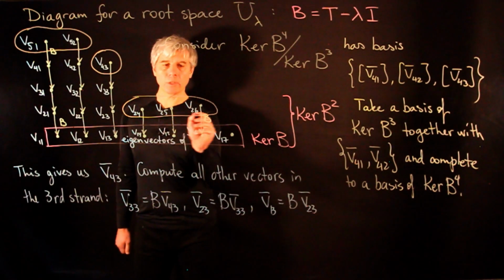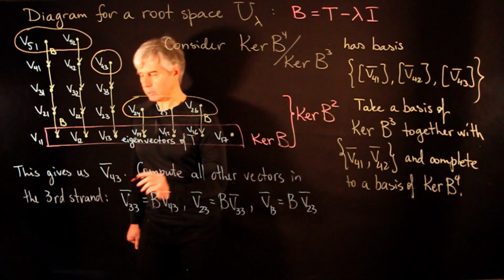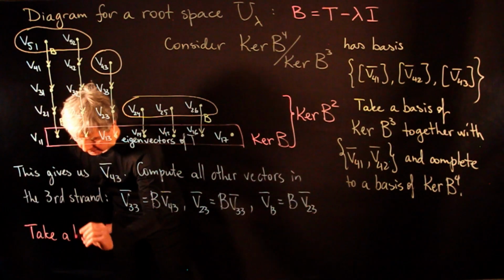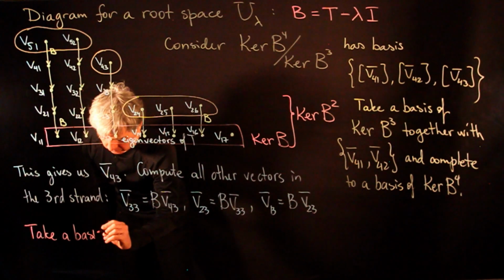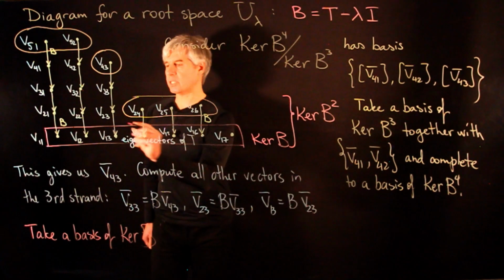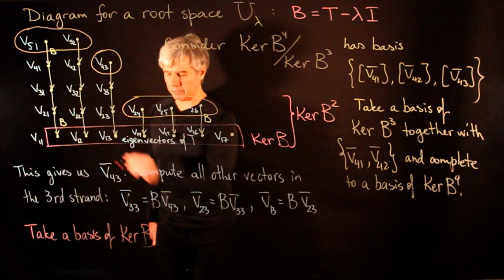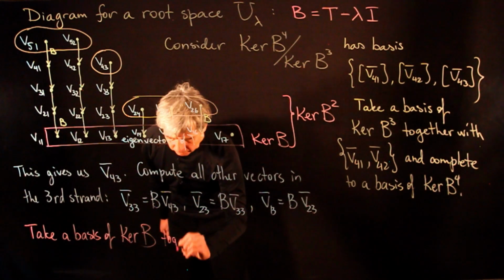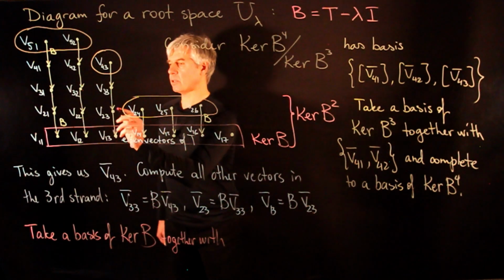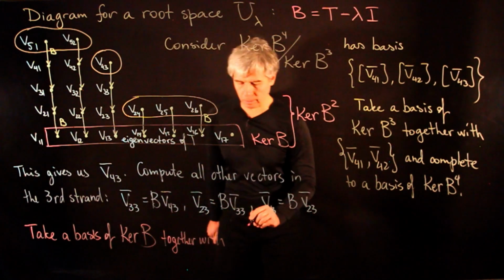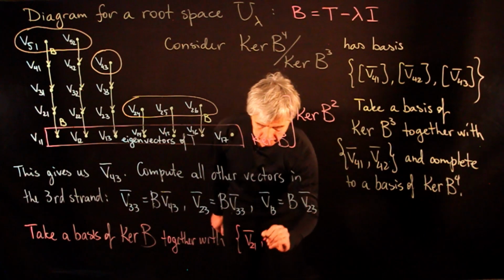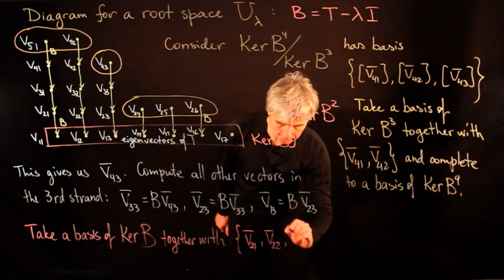To find the top vectors on level 2, we take a basis of the kernel of b, which represents all the vectors on level 1, together with the vectors on level 2 that we have already computed. So these are vectors v21, v22, and v23.